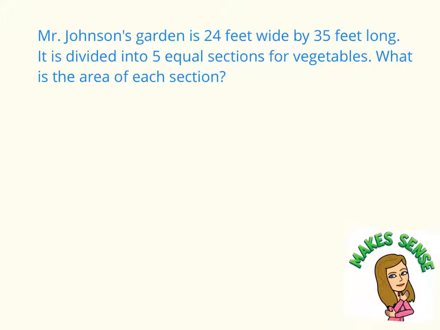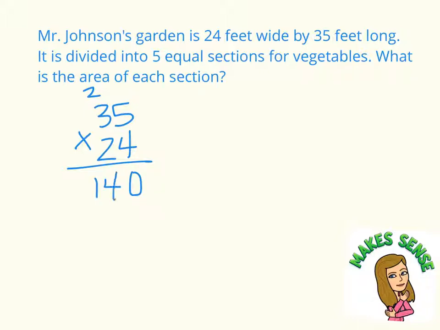So I will do that first by taking 35. I'm going to put the larger number on top here, times 24. So we'll get started. 4 times 5 is 20. 4 times 3 is 12, plus 2, 14. All right, put the 0 down because now I'm moving into the next place and get rid of my work from earlier.